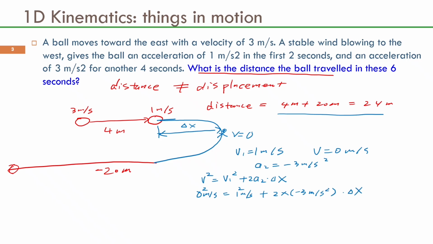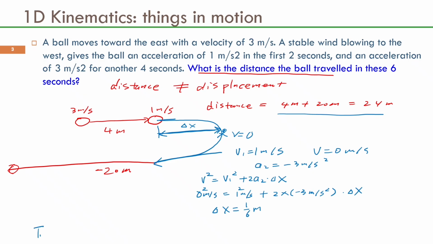So if you do the math, the delta x is positive. It's 1/6 meter. So that means from here to here, the displacement is 1/6 meter. So from here to here, the displacement is also 1/6 meter.